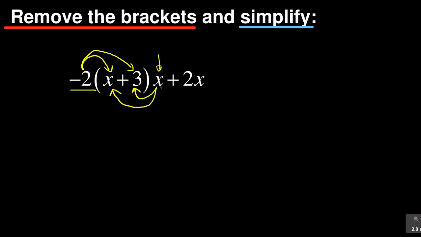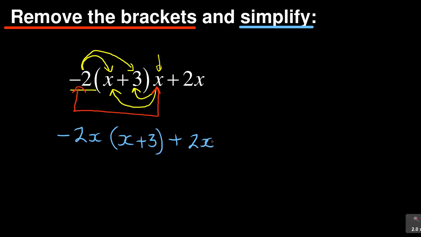So how do you go about it when you want to simplify that? It's simpler. If you look at this minus 2 and you look at that x, you can rewrite this as minus 2x into x plus 3, and then you've got plus 2x. That is all they wanted to confuse you with in that part.